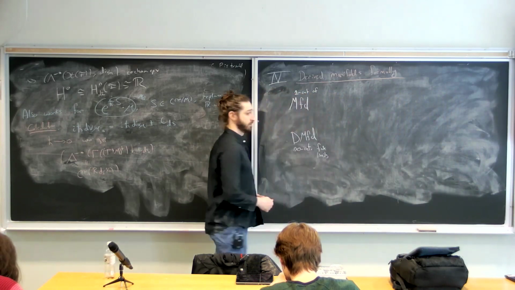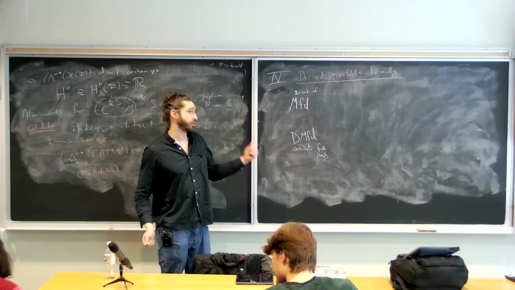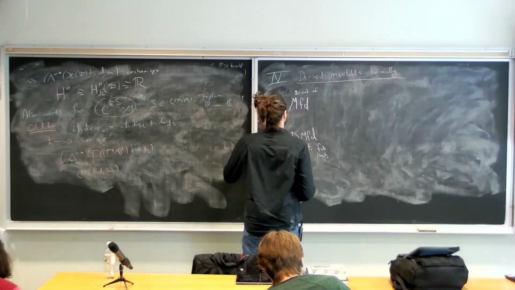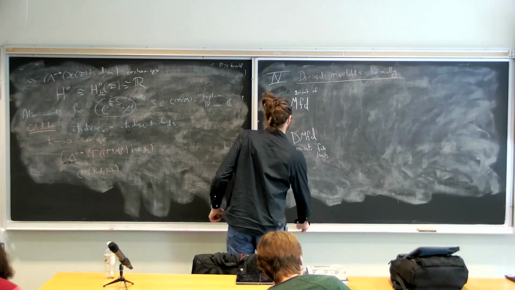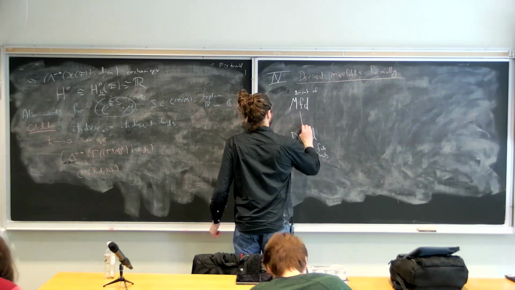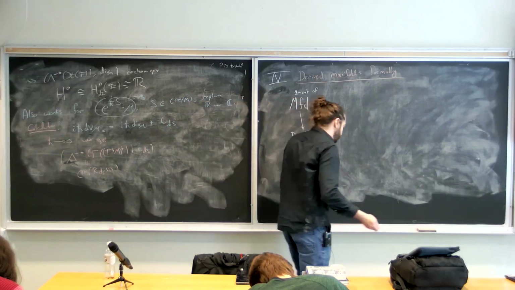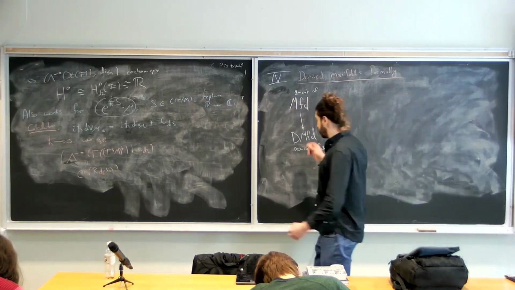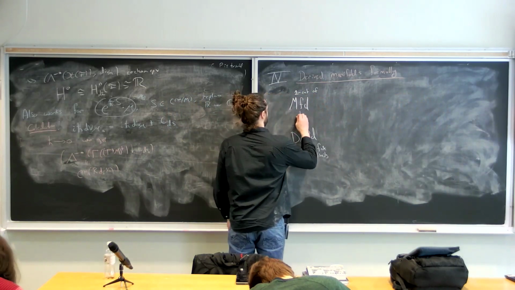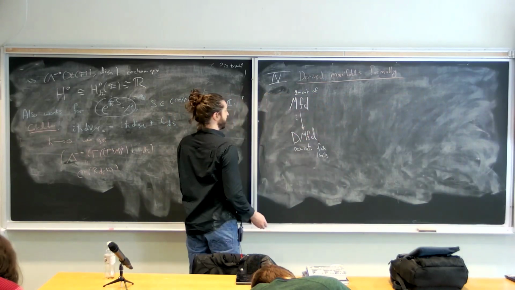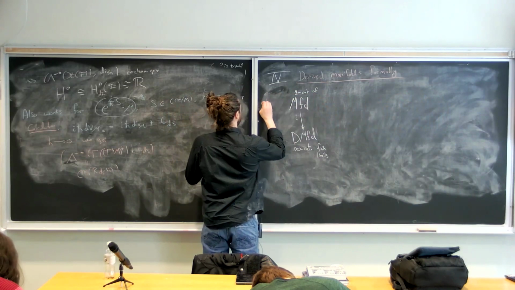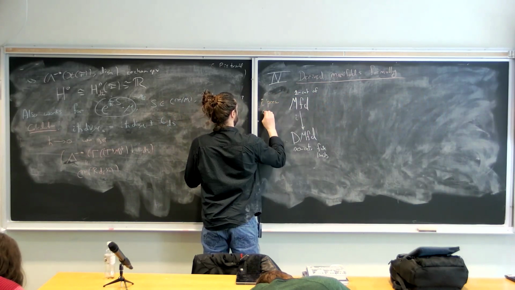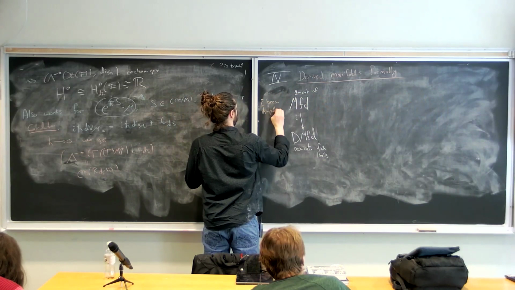Because I want to be able to take fiber products, and it should also have a terminal object. So yeah, then that means I have finite limits. Now this should be a functor. Now I mean, you want to ask it to be fully faithful, but it turns out you don't even need to. It becomes automatic without asking it. So let's just leave that out. Let's call this functor I, and let's say that I needs to preserve transverse pullbacks.